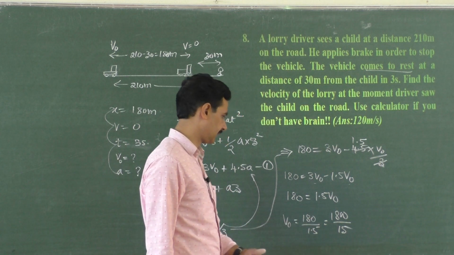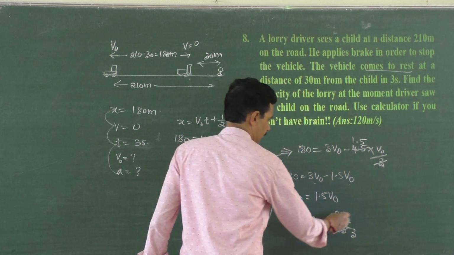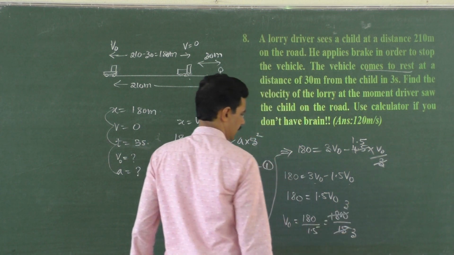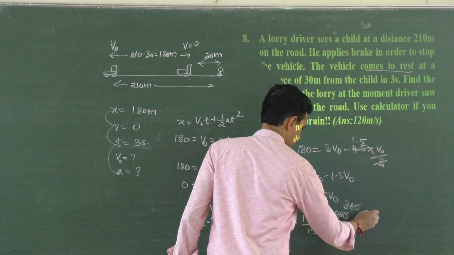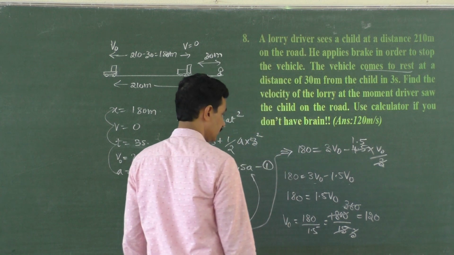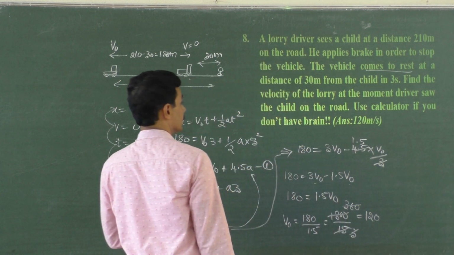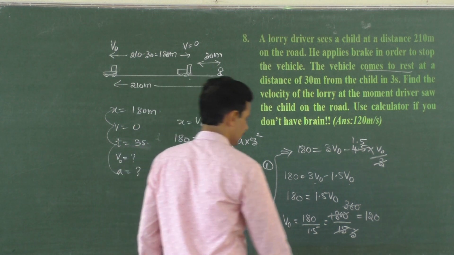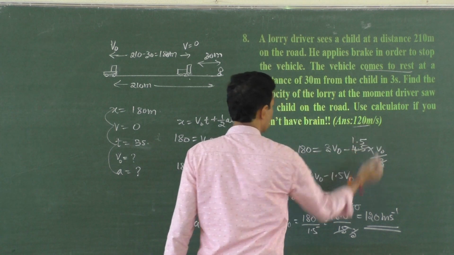Multiply by 10, divide by 10. What is the answer? 5 3s are 15, 6 are 120. It is minus, right? No, plus. It should be initial velocity we are looking for, not acceleration, so initial velocity should be larger: 120 meters per second. It's the correct one, 120 meters per second.